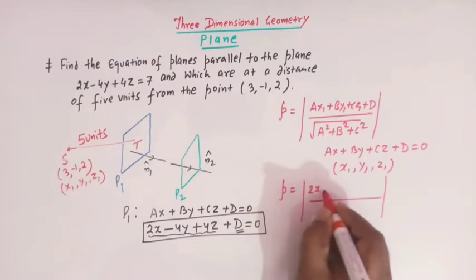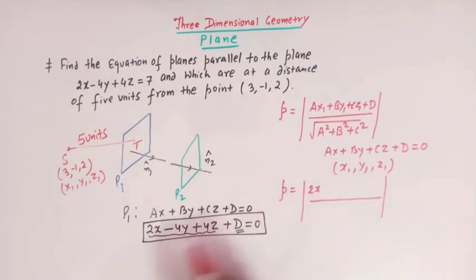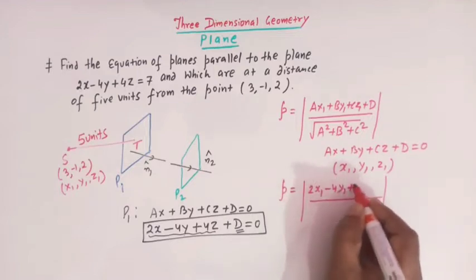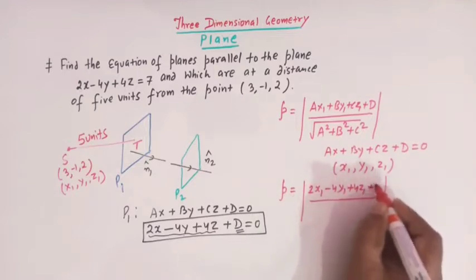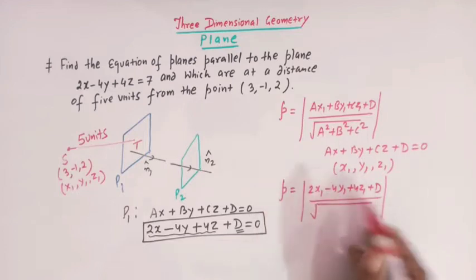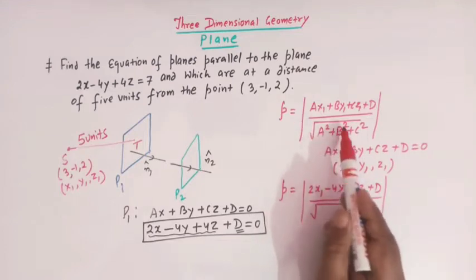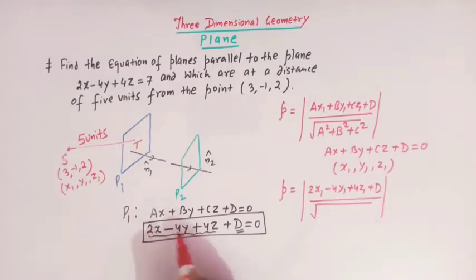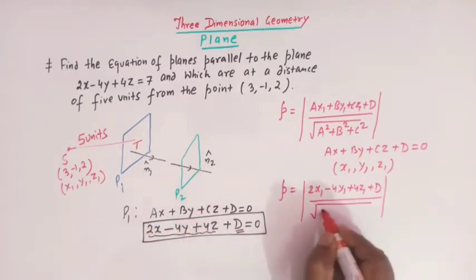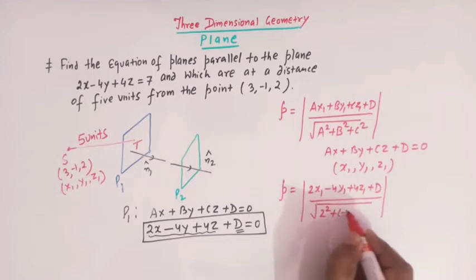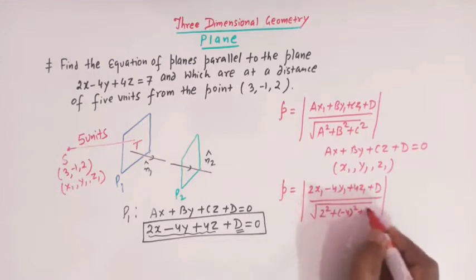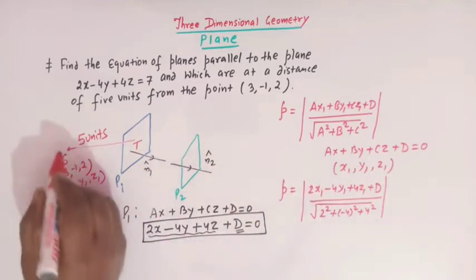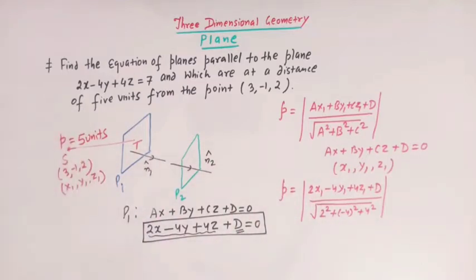So now we have the distance p as (2x1 - 4y1 + 4z1 + d) divided by the square root of a square plus b square plus c square. So here a is 2, b is minus 4, c is 4. So we have 2 square, then minus 4 square, and 4 square, right? And this distance p is equal to 5, right?